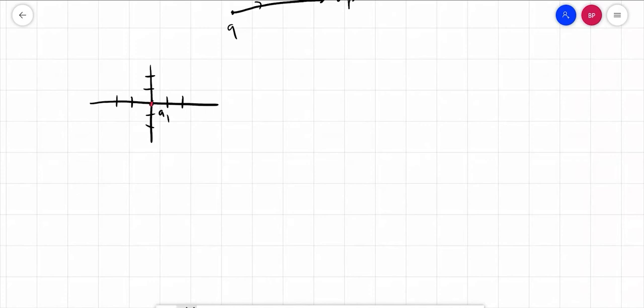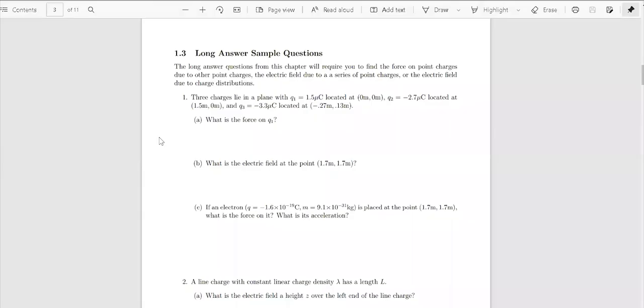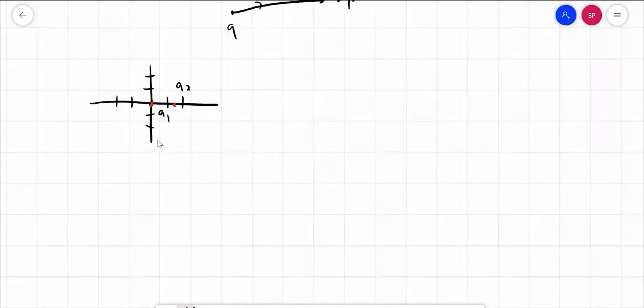Q2 was at (1.5, 0). So that's Q2. And Q3 was at (-0.27, 0.13). So that's up here.